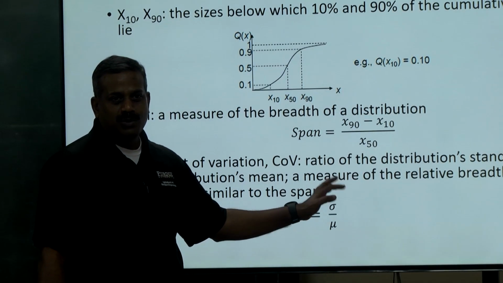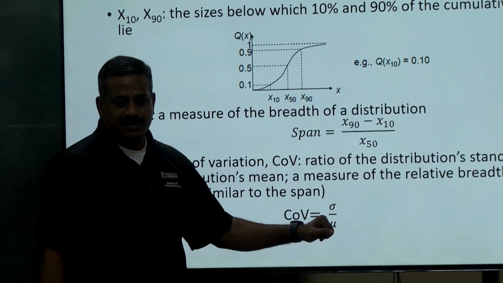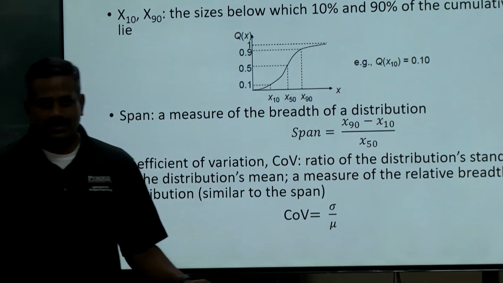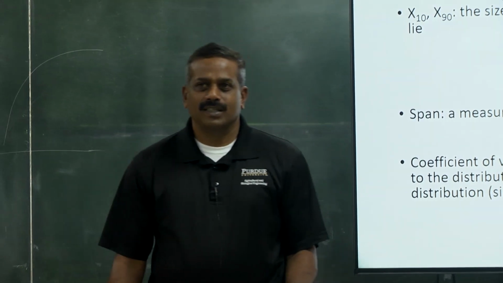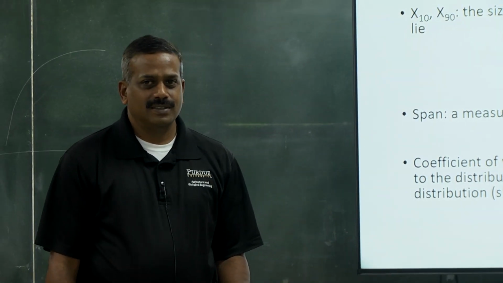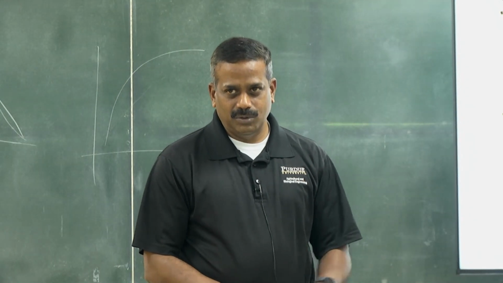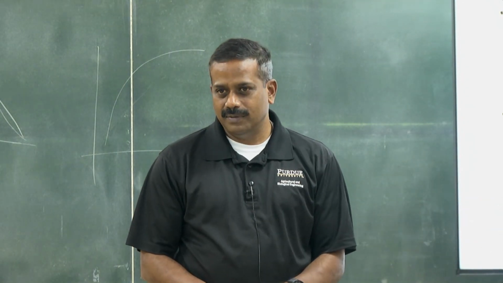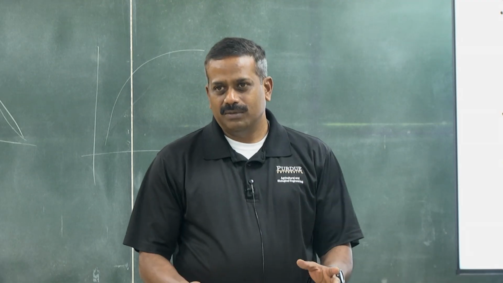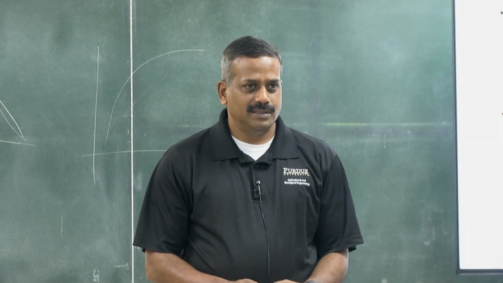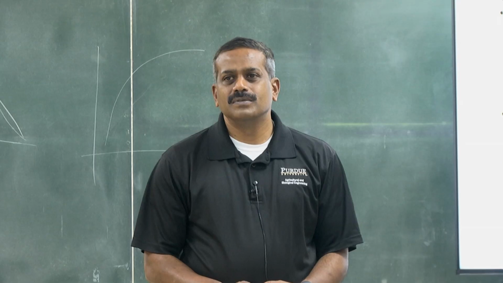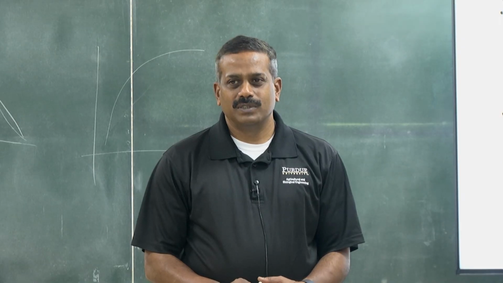So why do we use coefficient of variation instead of standard deviation? Any thoughts? So coefficient of variation is standard deviation over mean, right? Sigma over mu, as the formula indicates. So why not we just use the standard deviation? Why use coefficient of variation?